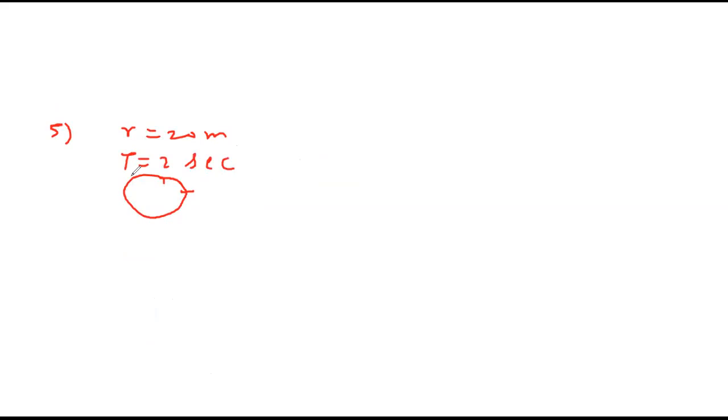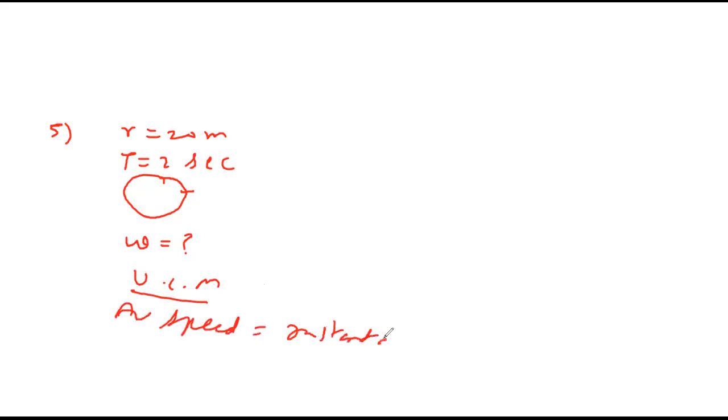Then what is average speed in 4 seconds? So average speed, this is UCM. If UCM, then average speed is instantaneous speed. Everything remains constant. It is instantaneous speed, and instantaneous speed is 2 pi by time period. So 2 pi by 2, that is pi radian per second.